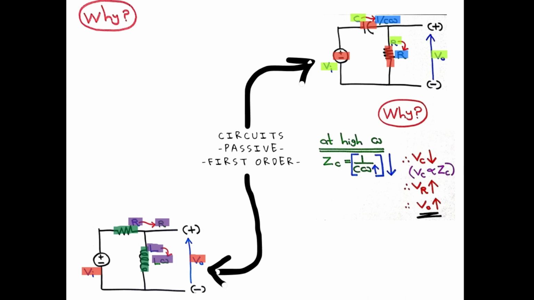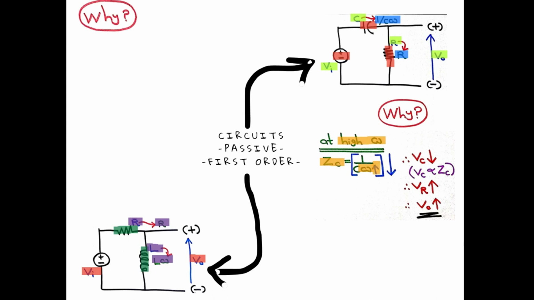Here, we are considering the impedance of the capacitor because its impedance is frequency dependent compared with the impedance of the resistor, because there is omega here, right? Okay, so at high omega, Xc is equal to 1 over C omega.